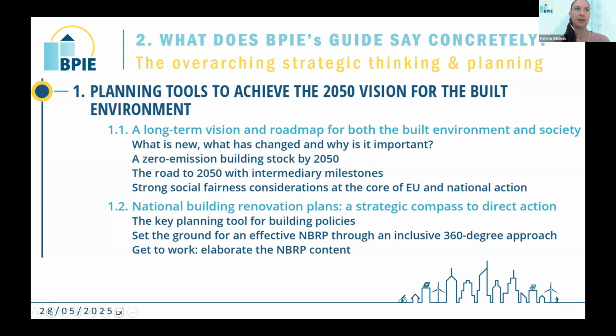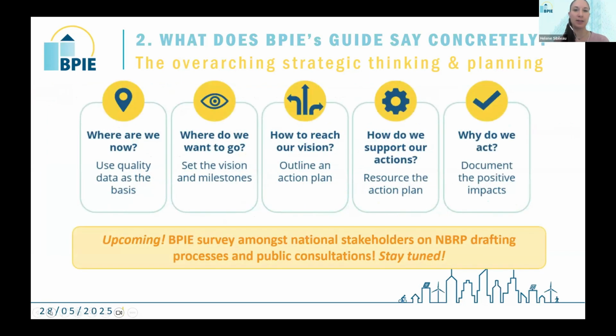So in the next slide, I highlighted basically in terms of content, the 5 pillars of what should be included in which sequence in the National Building Renovation Plans. And in terms of process, the guide is actually focusing quite a lot on how to draw a good process for drafting an NBRP, and especially looking at the public consultation, which is a key aspect of the drafting process.